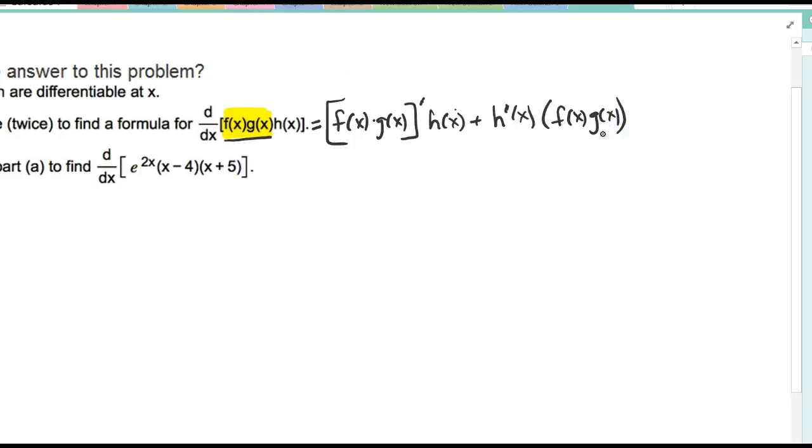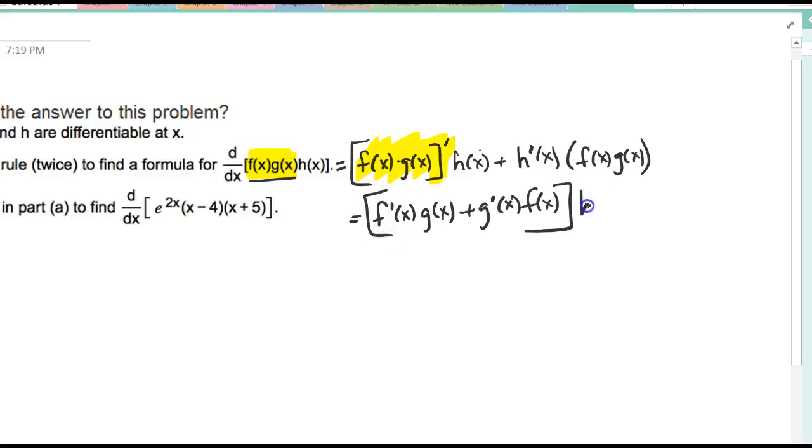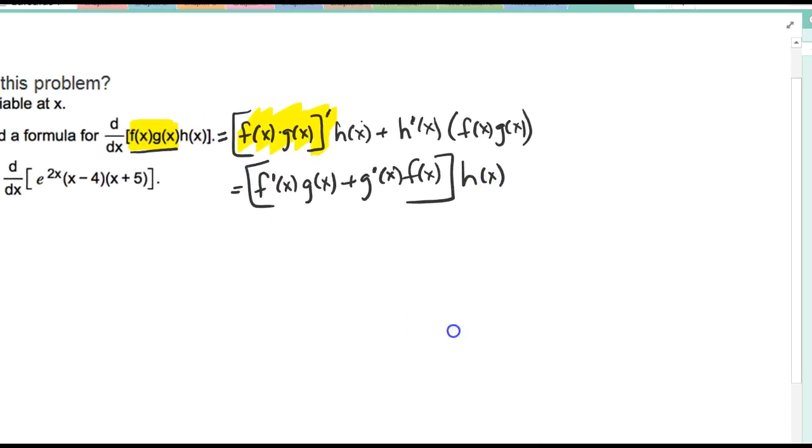Right? So now, using the product rule inside here and simplifying, I would have the derivative of the first function, hold the second function, right? Plus the derivative of the second function, hold the first function, and all that is being multiplied by this h of x.